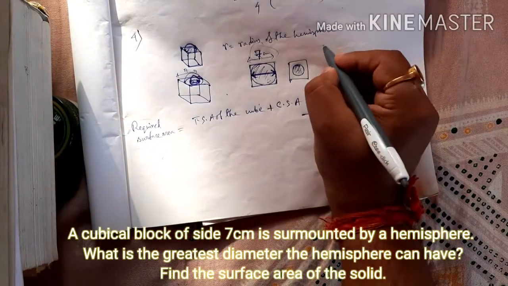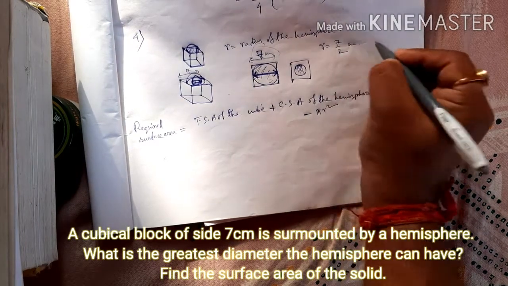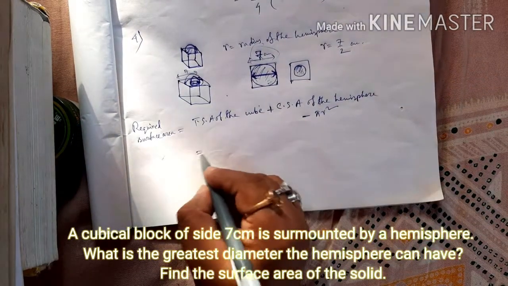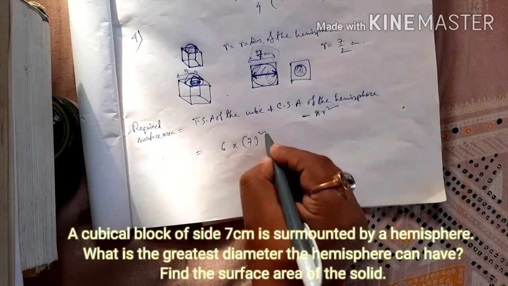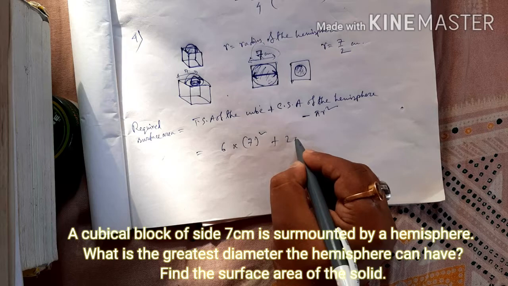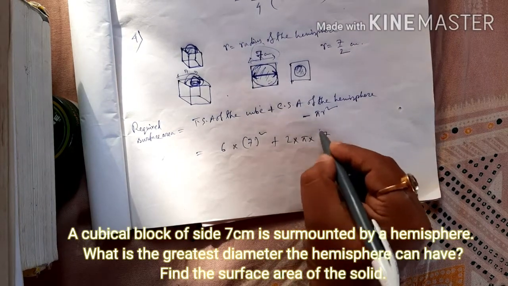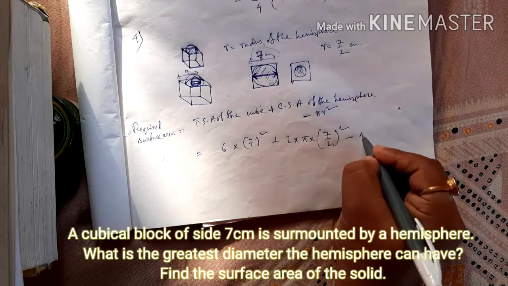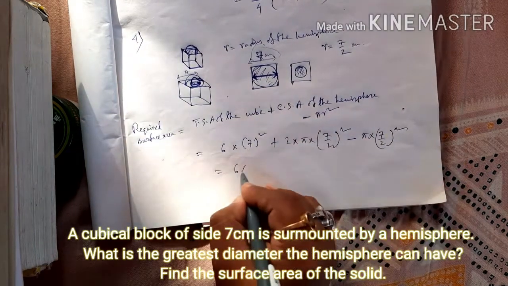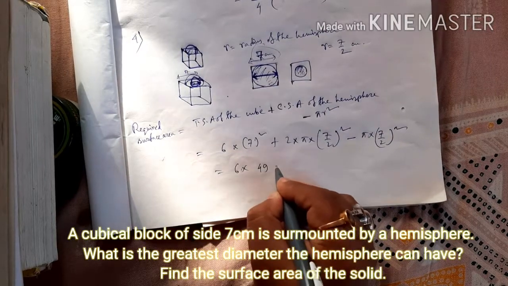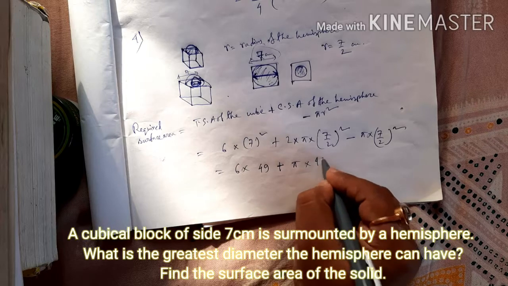Here r will be equal to 7 by 2 centimeter. Now according to the formula it will be 6 into 7 square plus 2 into pi into 7 by 2 square minus pi into 7 by 2 square, 6 into 49 plus pi into 49 by 4.